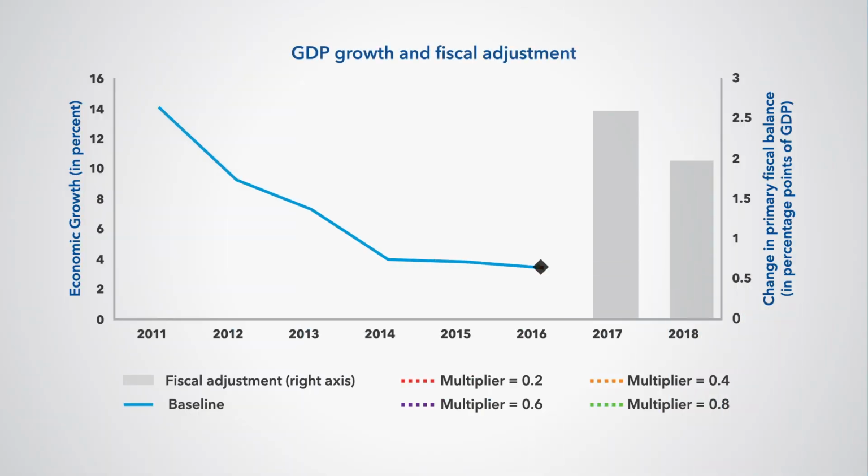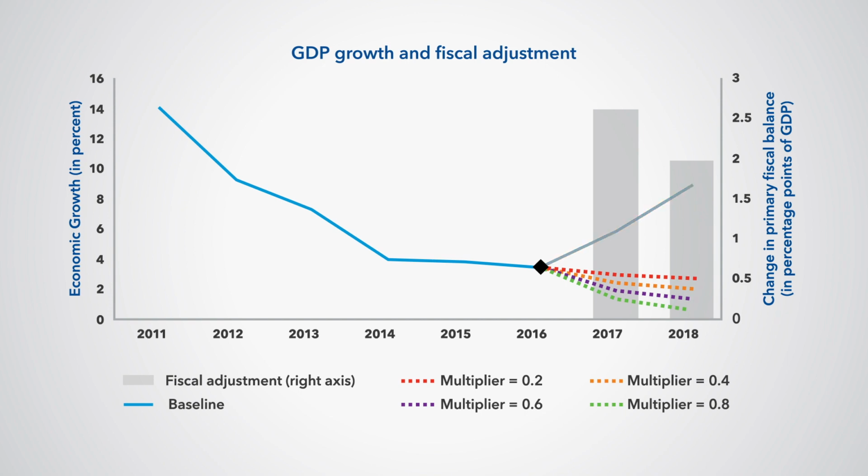The LIC DSF also presents tools to assess the realism of the underlying assumptions. As an example, the framework will assess the consistency between the projections of fiscal adjustment and GDP growth. In general, a stronger fiscal adjustment is associated with lower GDP growth.